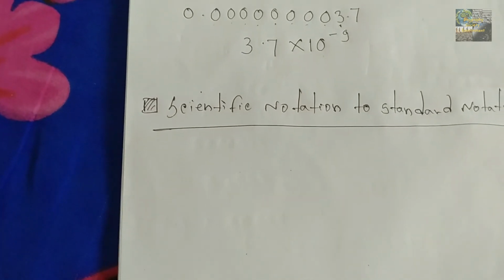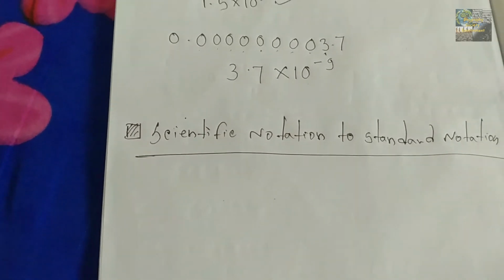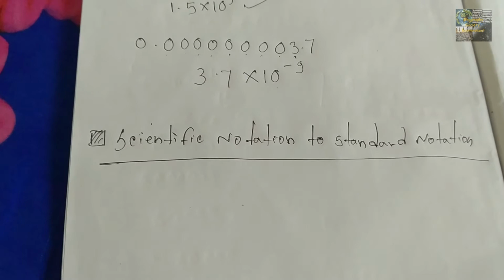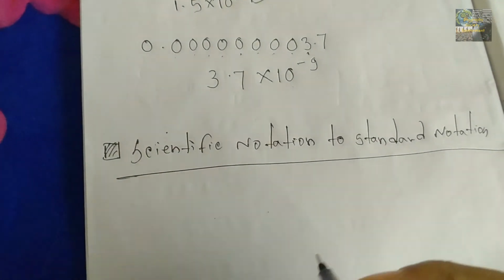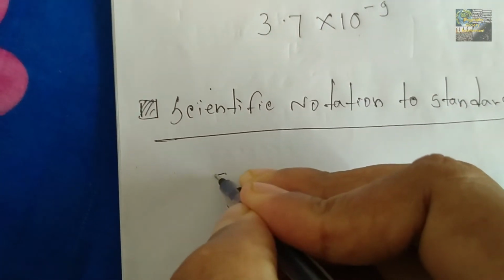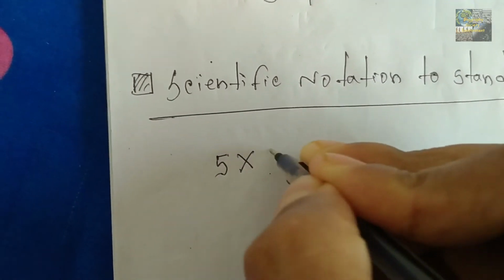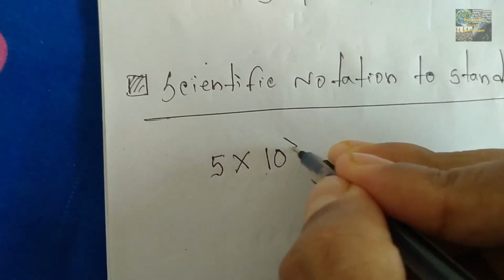Now I am going to convert a scientific notation value into a standard notation value. Firstly, I am going to deal with a positive scientific notation. I'm writing 5 into 10 to the power 8.